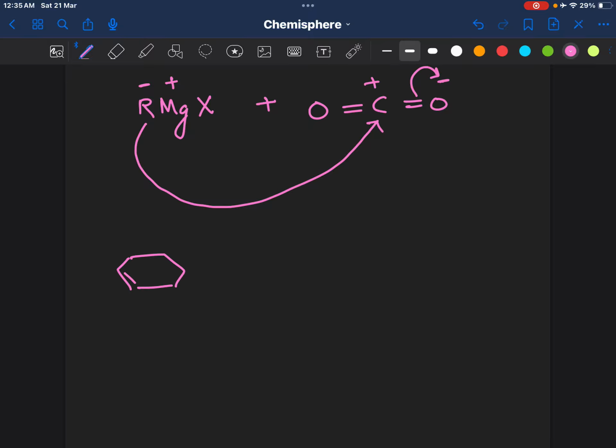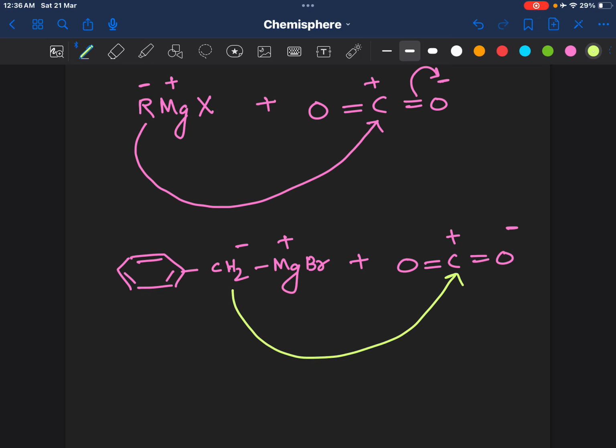The Grignard reagent is this CH2MgBr and CO2. So positive, negative, positive, negative. So this part of the molecule is going there, and this part of the molecule is going here.